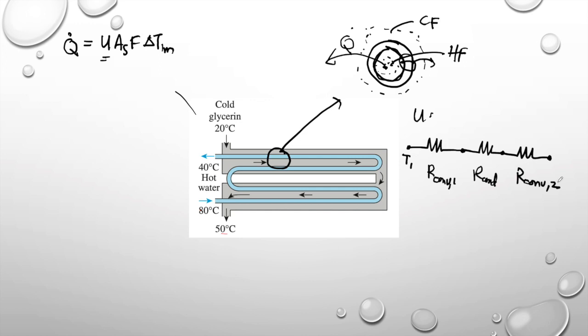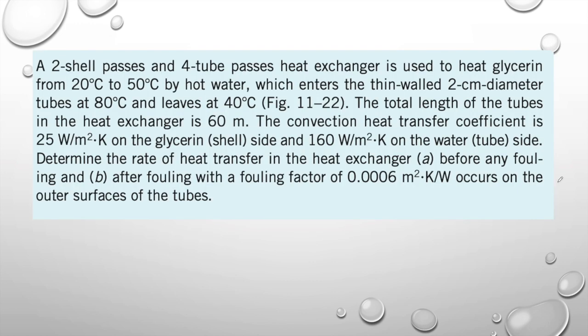Now what we have to do is refer to the question. Is there any information given that lets you omit some of these resistances, one or two?